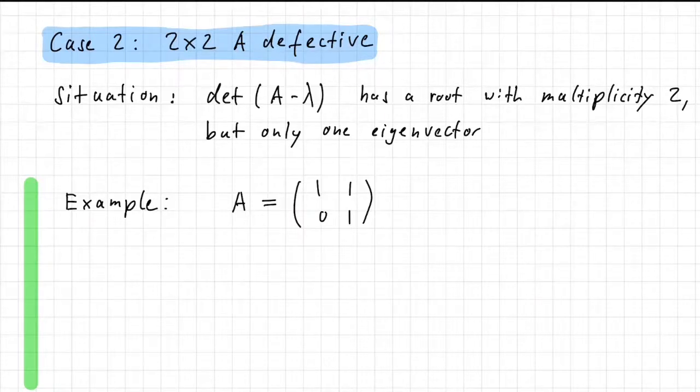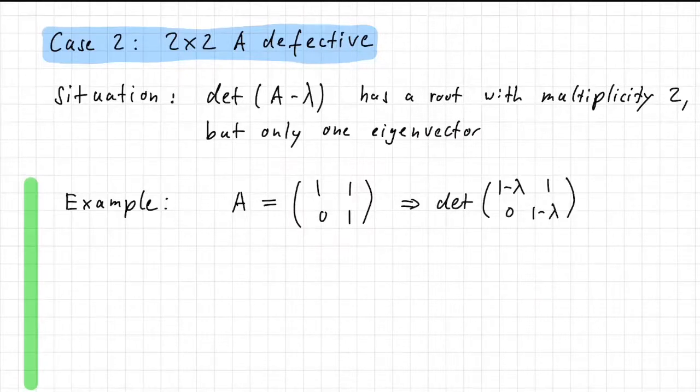So here we look at the matrix A equal to 1, 1, 0, 1. So it looks relatively harmless, right? But now let's calculate the eigenvalues and eigenvectors. What we get is that the determinant of A minus lambda is the matrix 1 minus lambda, 1, 0, 1 minus lambda.